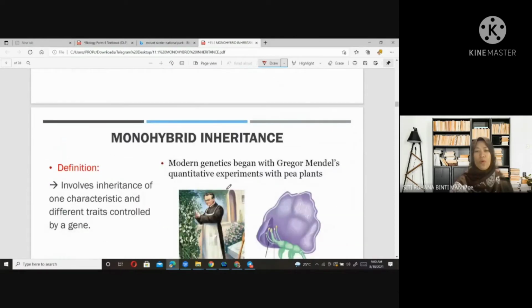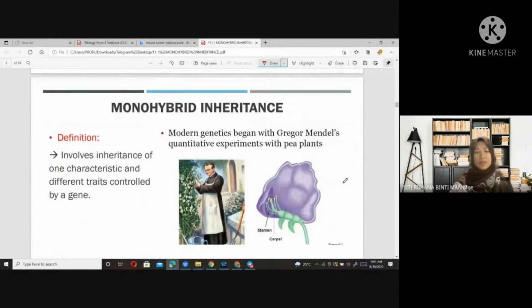So for monohybrid inheritance, what's the meaning of monohybrid? Mono, just single. Hybrid means kacuk. Kita tengok apa maksud kacuk kat sini. Involve inheritance of one characteristic, and different traits controlled by a gene, just a gene, not several genes.